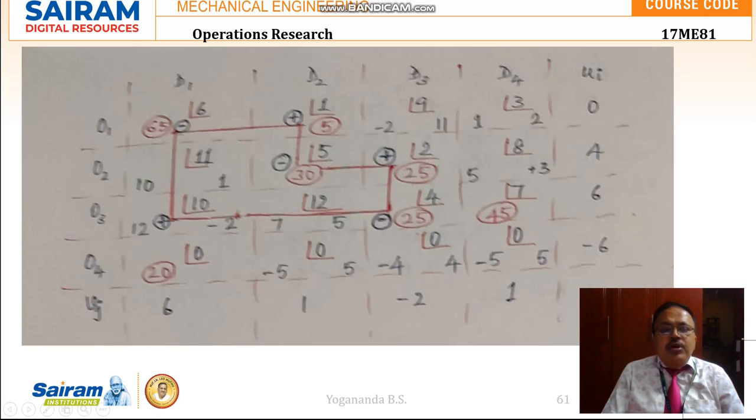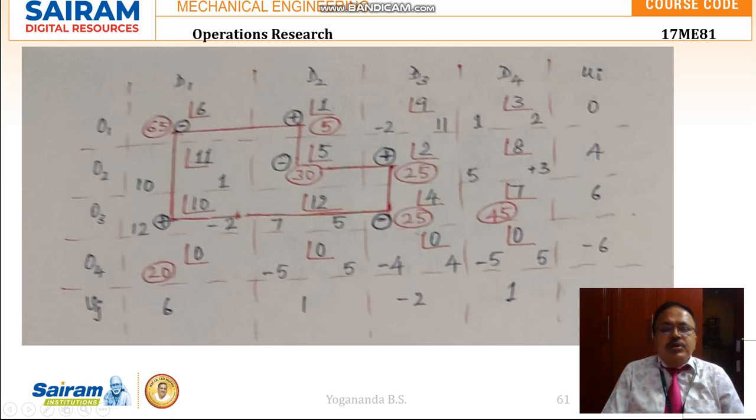The first occupied cell is cell number 1 having the cost of 6. So U plus V should be equal to 6. I make U as 0, so V becomes 6. So U is written as 0, V will be written as 6.